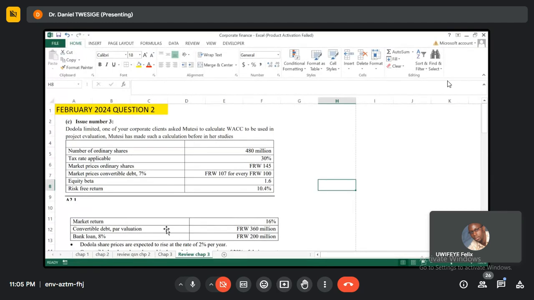You have a convertible debt per value, which is this. You have a bank loan, which is this. The par value is this, which means valued at the 100.